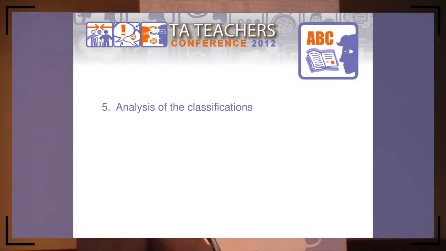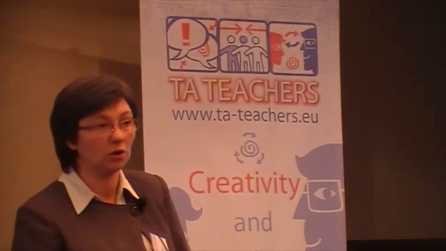Then we start sharing classification, and we start analyzing the classification of students. So they present their classification, they share their classification, they combine their classification. This work usually happens in the classroom. We work together with the students where they put forward their hypothesis, where the other students either challenge their hypothesis, agree, or disagree.